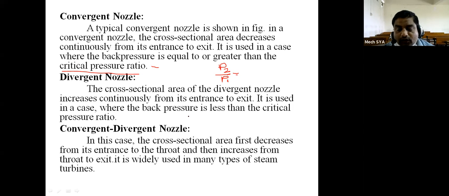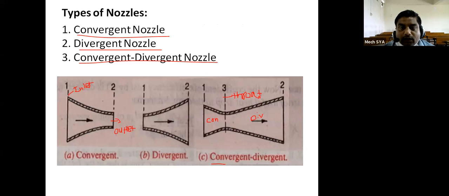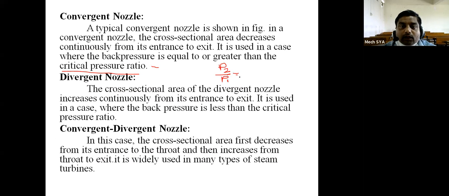So where is the throat? Where the area is minimum, that we call the throat. And that pressure ratio, throat P2 upon P1, is called the critical pressure ratio, which gives maximum mass flow rate.